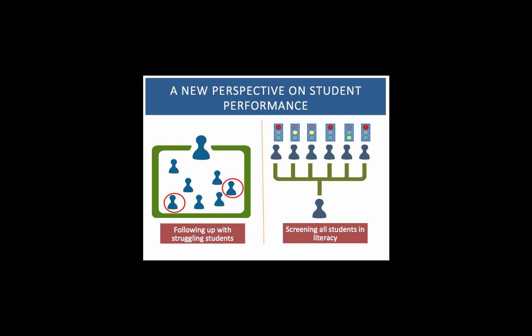It's often the case that the old paradigm, in which we followed up with students that were identified by teachers as struggling, overlooked those within our population who were struggling in ways that were more subtle or were not as easily identified. By screening all students, we remove that potential source of error from the assessment equation.